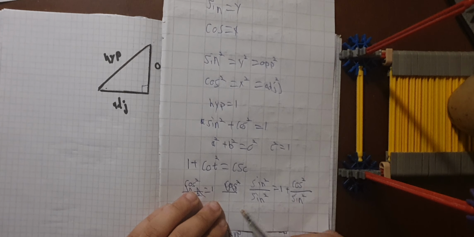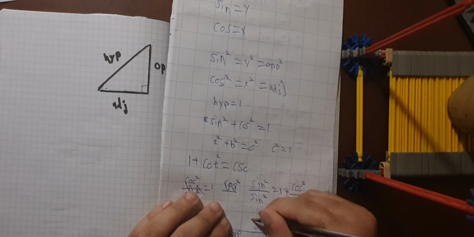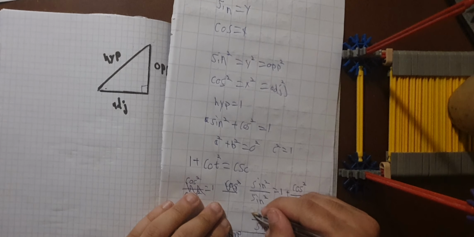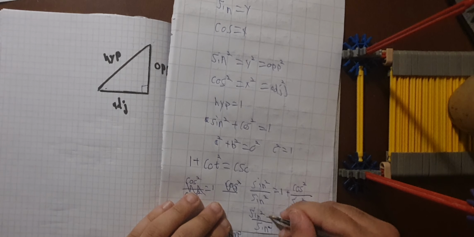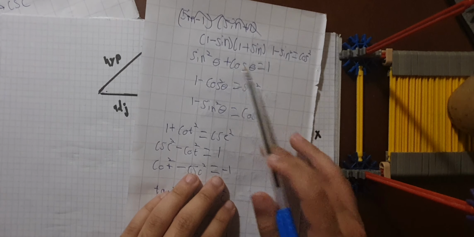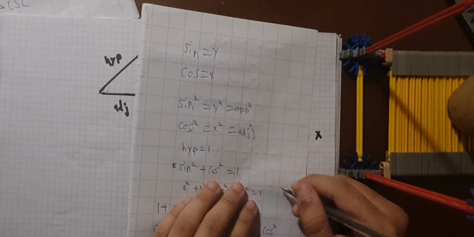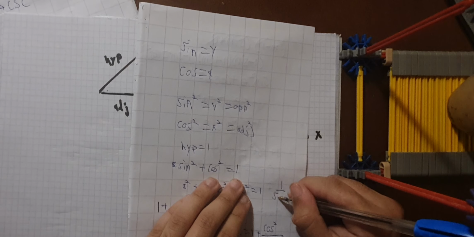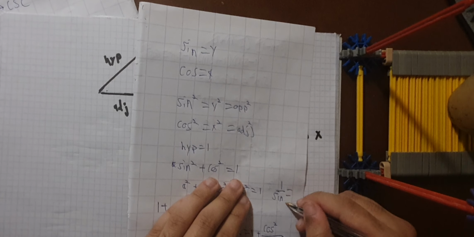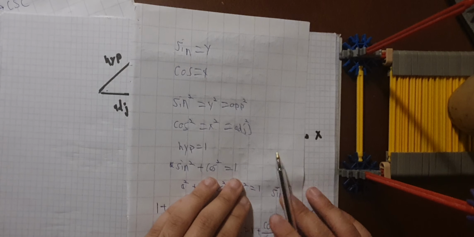And since they have the same denominator, all of this is equal to sine squared in the denominator, and on top is sine squared plus cosine squared, which we said previously is equal to 1. So that means all of this is just equal to 1 over sine squared, which is equal to cosec squared. We discussed that in the previous video.